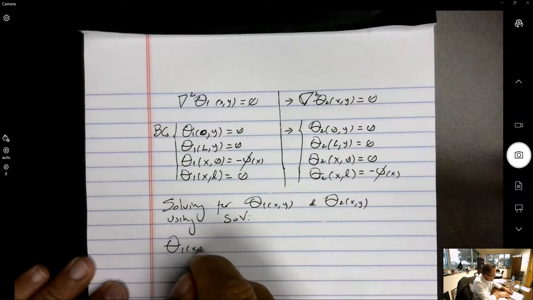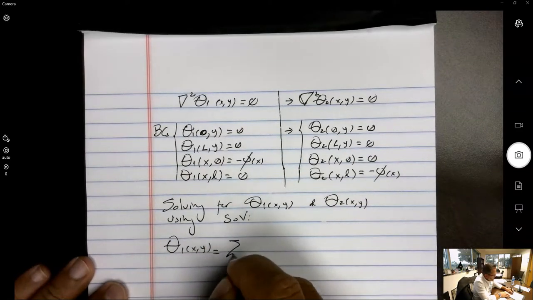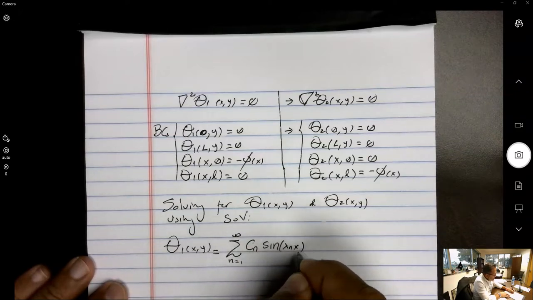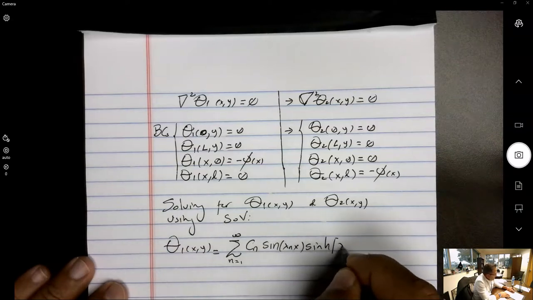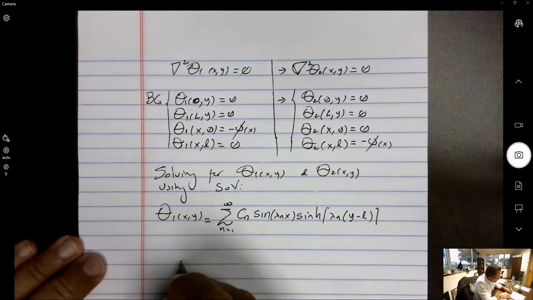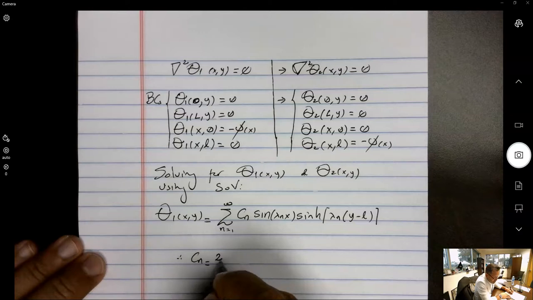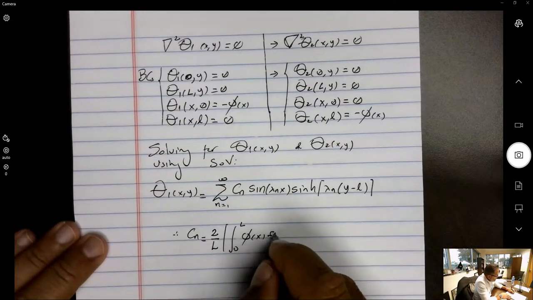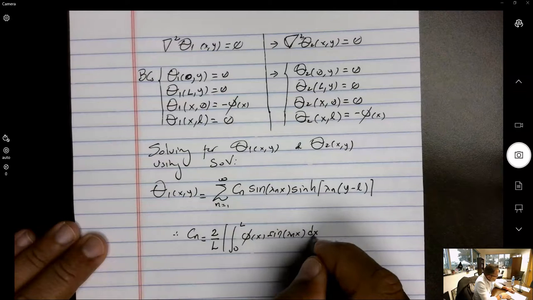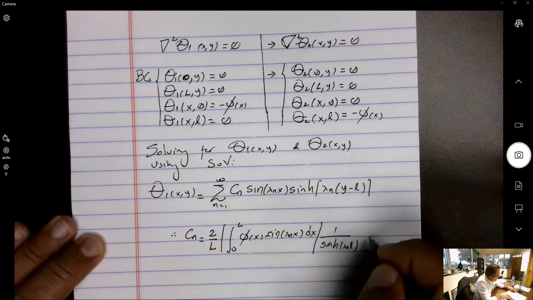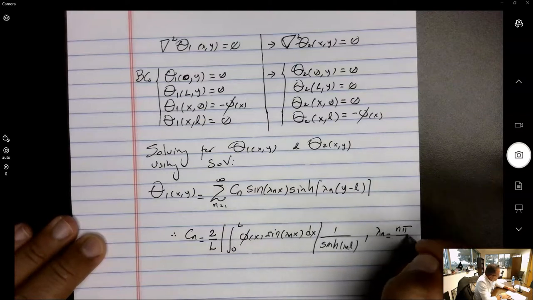So theta 1 of x, y is a summation from n equal 1 to infinity of Cn sine of lambda n x sine hyperbolic of lambda n times y minus l, such that Cn is equal to 2 over L times the integral from 0 to L of phi of x sine of lambda n x dx times 1 divided by the sine hyperbolic of lambda n l, such that lambda n is equal to n pi over L.